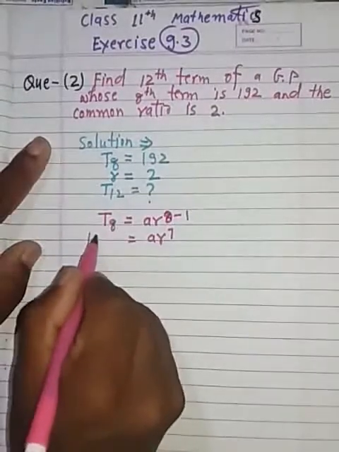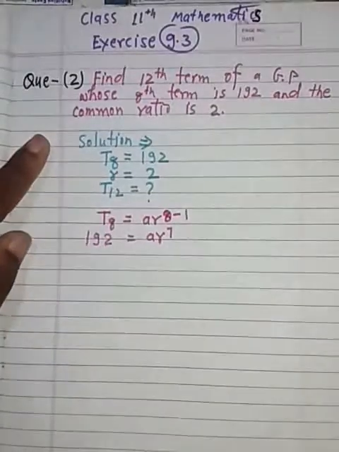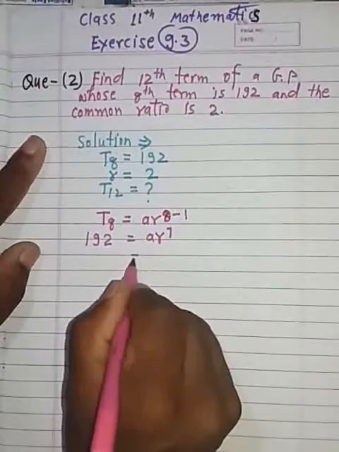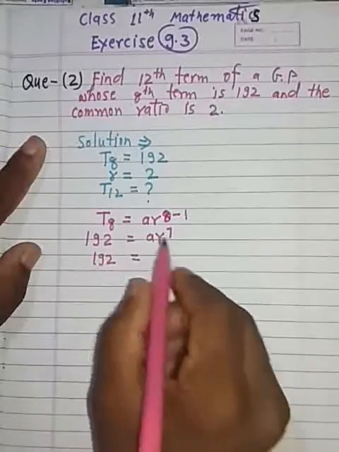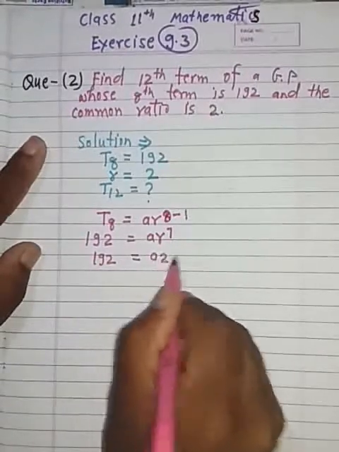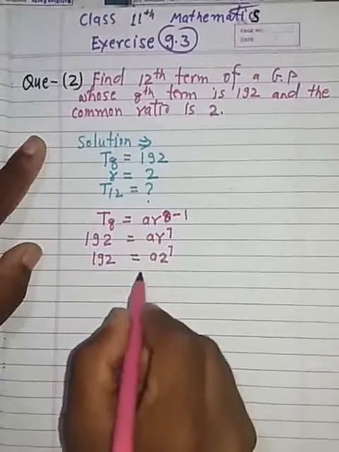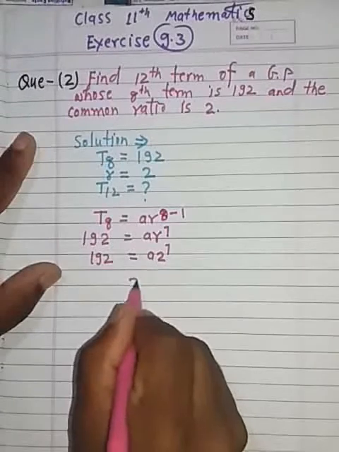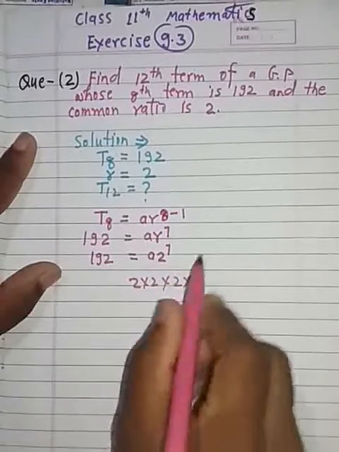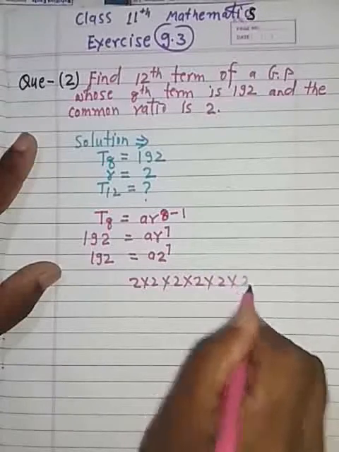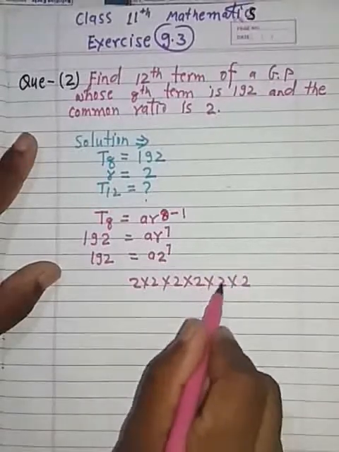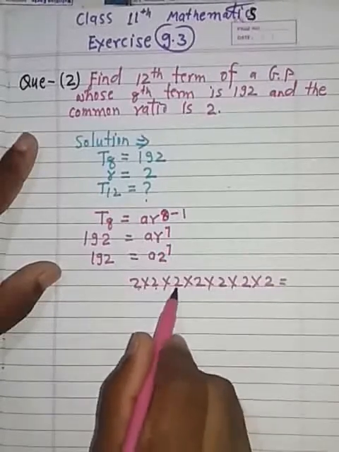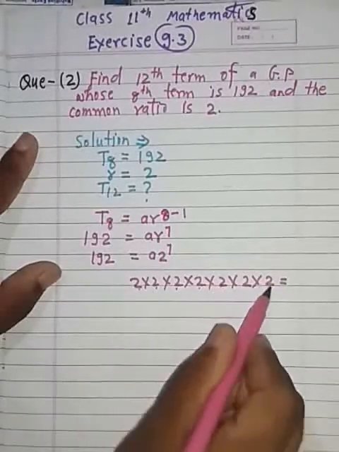and here we will write 192, and value of R common ratio is given 2. 192 is equal to A 2 to the power 7. 2 to the power 7 means 2 into 2 into 2 into 2 into 2 into 2, 1 2 3 4 5 6, one more 7, 2 दूना 4 दूनी 8 दूना 16 दूना 32 दूना 64 दूना 128.